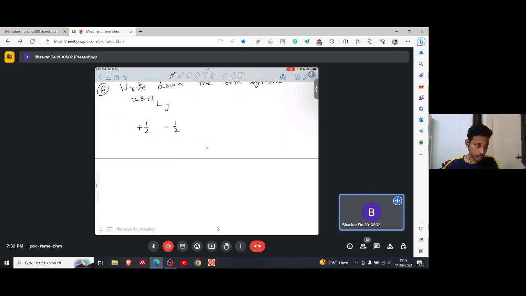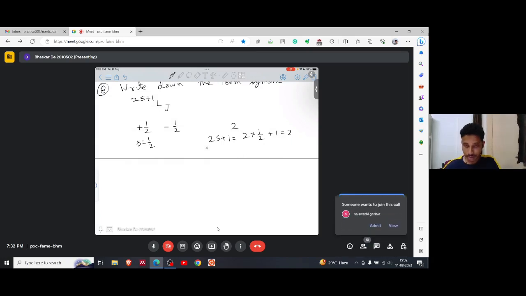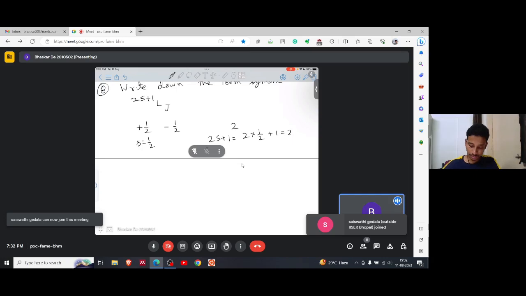So that means the electron has a spin multiplicity of 2. Now here S equal to half, so 2S plus 1 equals 2 into half plus 1, that is 2. So this is giving the spin multiplicity of the electron.